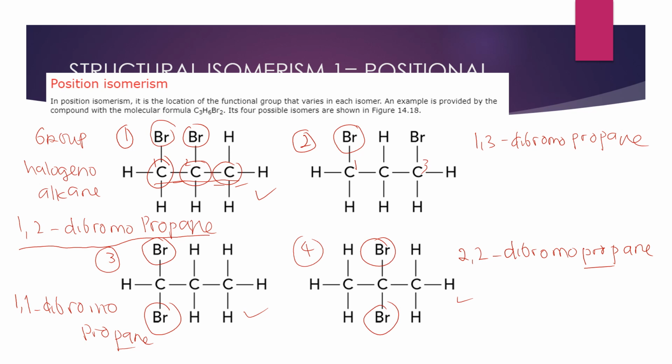These 4 substances are isomers of C3H6Br2. Or we can say 1,2-dibromopropane has 3 isomers: 1,1, 1,3, and 2,2-dibromopropane.